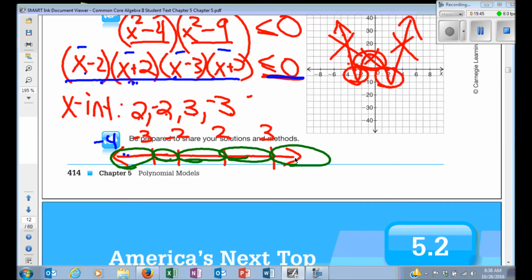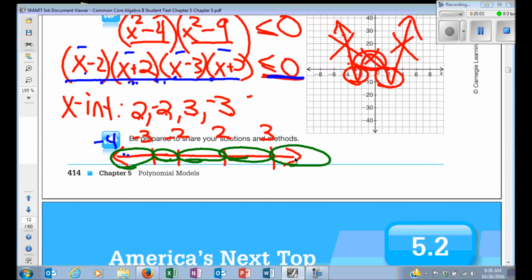What do I only care? If it's positive or if it's... Because all positive numbers are going to be bigger than 0. Is that good for what I need to happen here? No. What kind of number do I want to end up over on this side? A negative, because all negative numbers are smaller than 0.